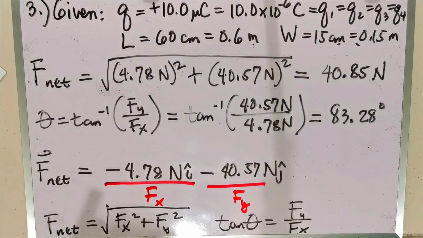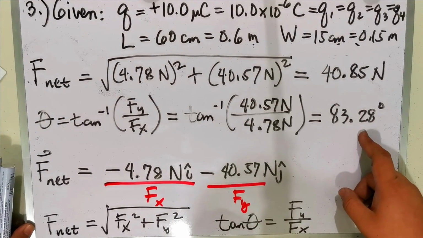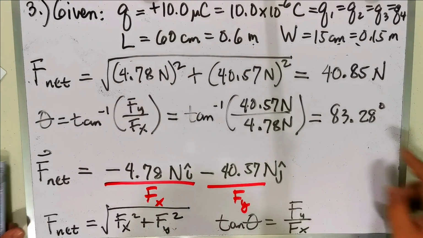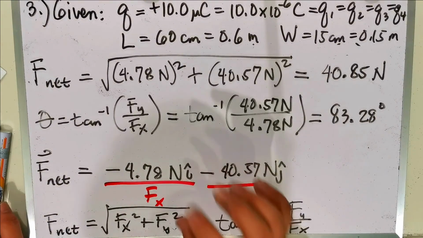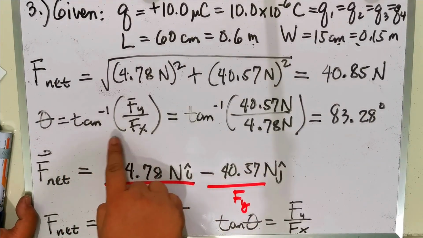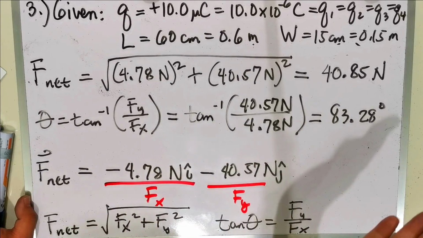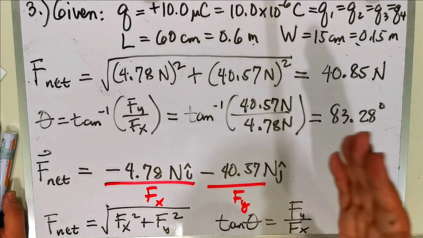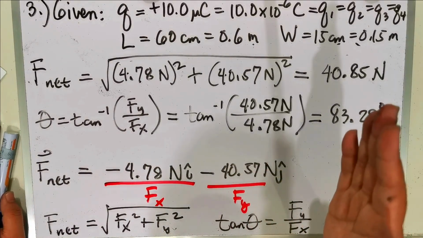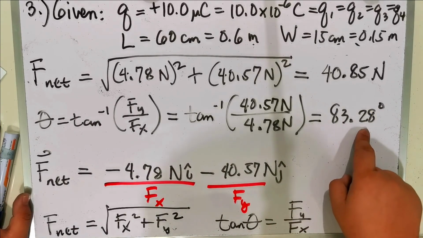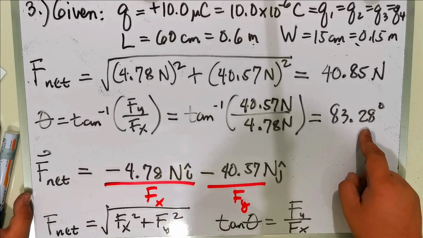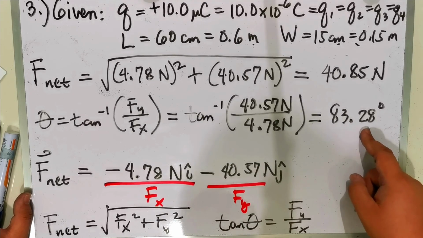However, we must make sure of the corresponding quadrant. Remember, the answer for the tangent inverse is only between 0 to 90, and it does not cover 90 to 360. So with that, we need to determine which quadrant this 83.28 degrees belongs to.